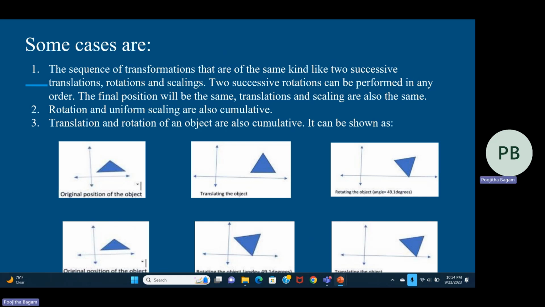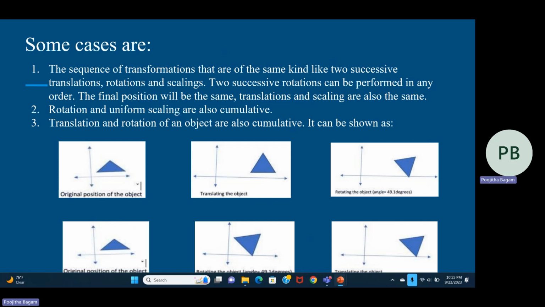So coming to the second case, rotation and uniform scaling are also commutative, which says that we can first rotate the object and then scale the object, or first perform the uniform scaling and then rotate the object. In both cases, the final position will be the same.